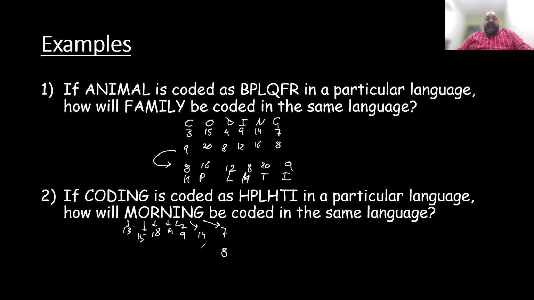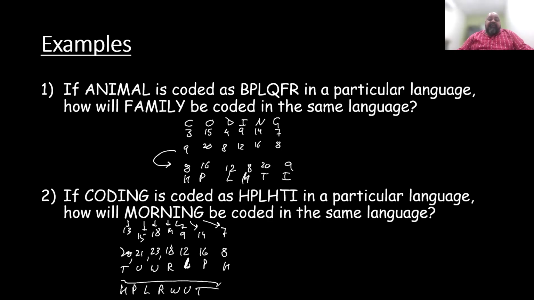We'll add 1, 2, 3, 4, 5, 6, and 7. Write the corresponding alphabets and then turn them over. So 20 was what? T. And therefore, the answer will be the opposite of this. H, P, L, R, W, U, T becomes the answer.